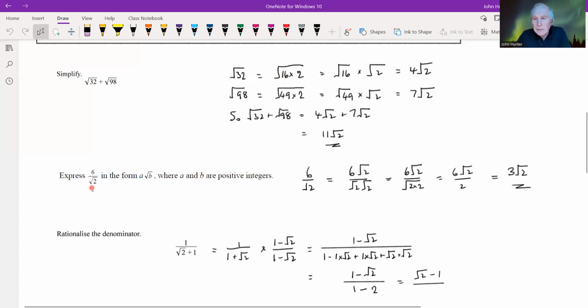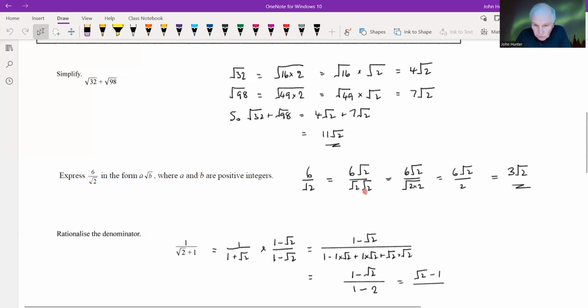Right, this is an example where we don't like irrational numbers, or numbers of the form a plus b root c, on the denominator. And what do we do? Well, we need to do something to turn this into a rational number, and the easiest thing to do is to multiply it by the square root of 2.